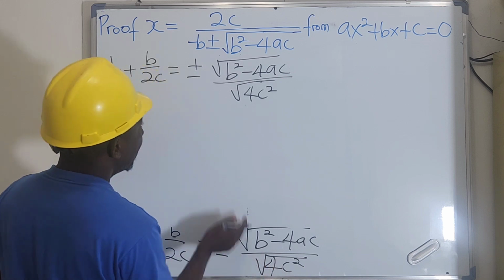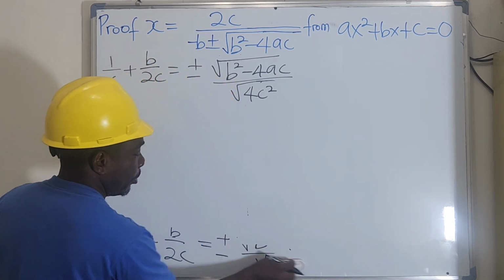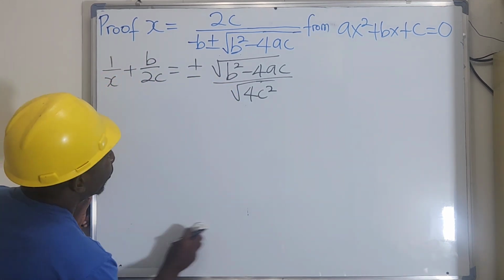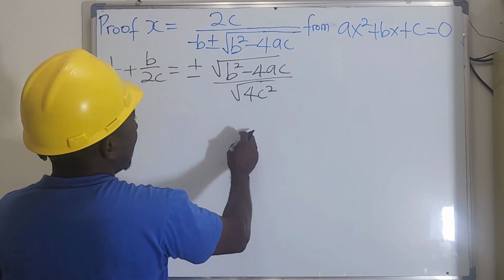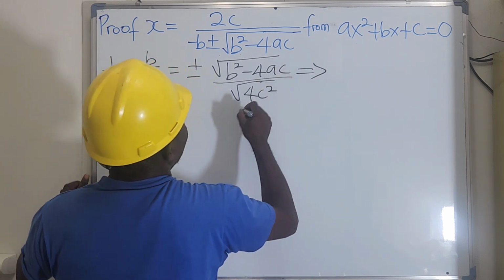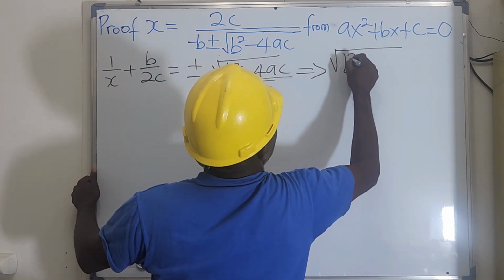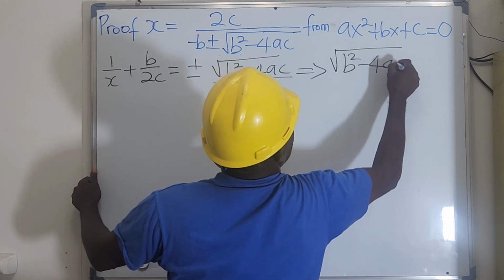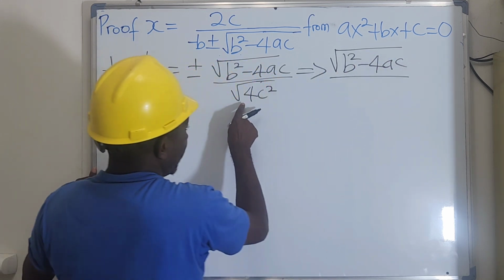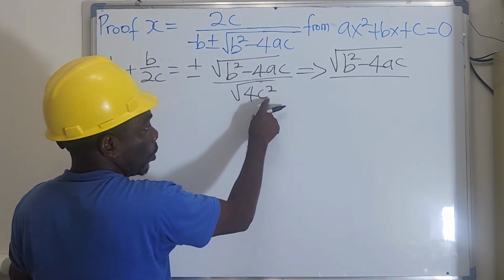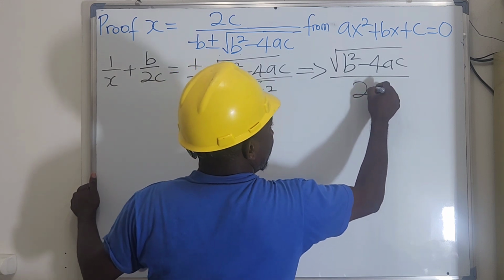So now, for this right hand side, this will become square root of b squared minus 4ac all over square root of 4c squared, the same thing as 2c.